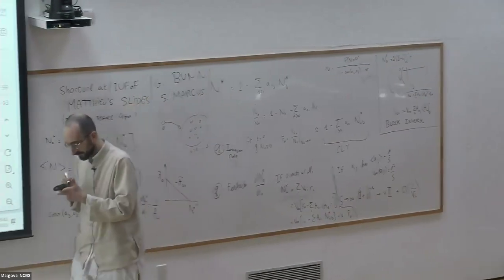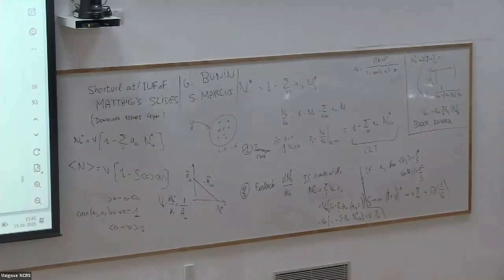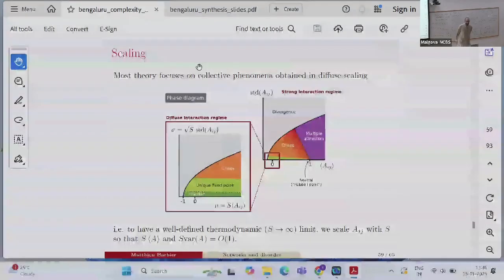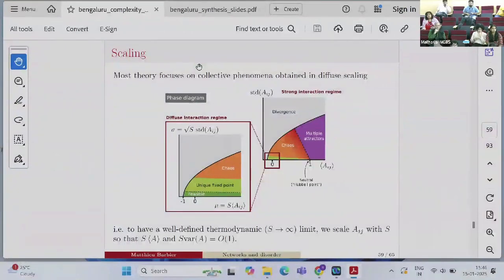He's not the only one to do that, of course, but he's the one that I know best, and I think he has covered the closest to the kind of things we're talking about here. And this phase diagram stuff? Yes, this phase diagram is in Bunin PRE 2017, at least this part.